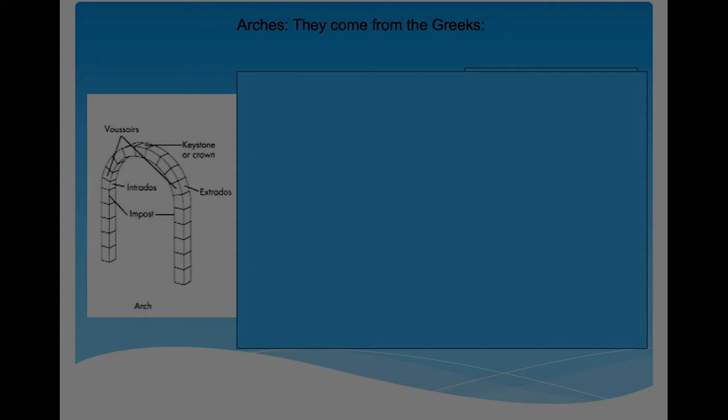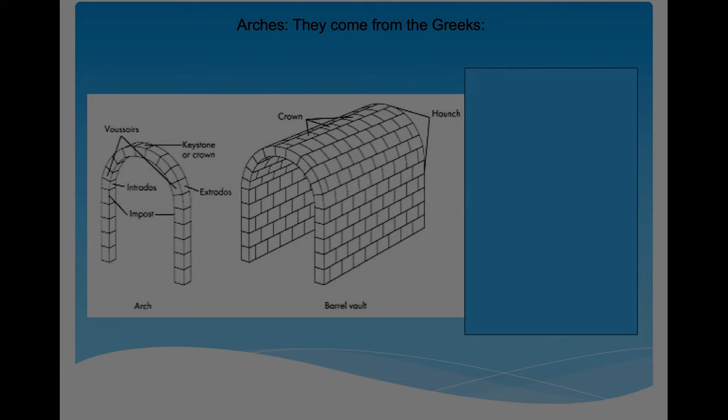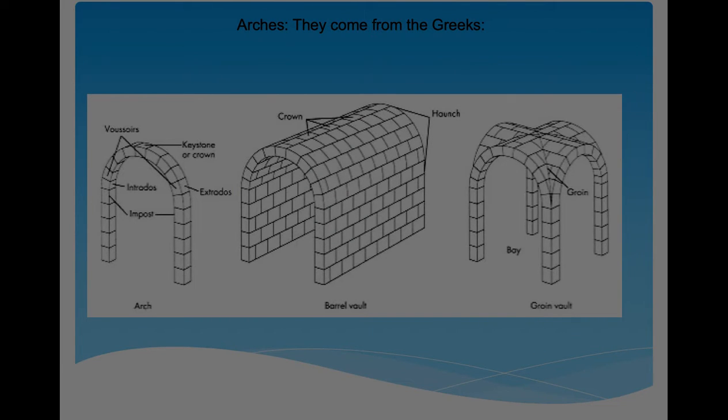In a true arch, the weight is transferred from one voussoir down to the next, from the top of the arch to the ground level, creating a sturdy building tool. And then we have a barrel and a groin arch. True arches can span greater distances than simple post and lintel, so they were stronger. The use of concrete combined with true arches allowed for vaults and domes to be built, creating expansive and breathtaking interior spaces.